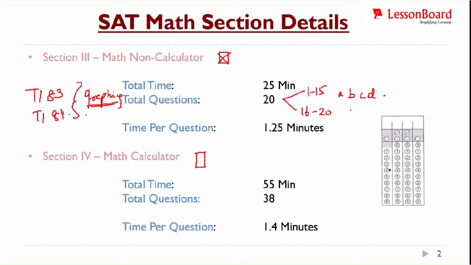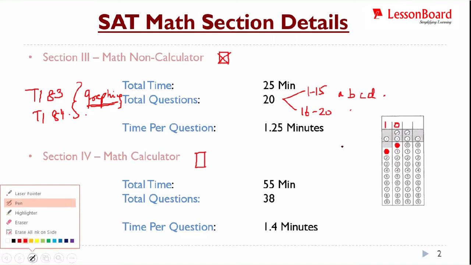We are going to do a lot of questions with the grid-in structure, and we will see how we need to approach them. Let's say my answer on a grid-in is 10. I need to write 1 and 0, one character in each column. So 1 gets bubbled in wherever I've written a 1, and 0 gets bubbled in wherever I've written a 0. That's how I grid in an answer.